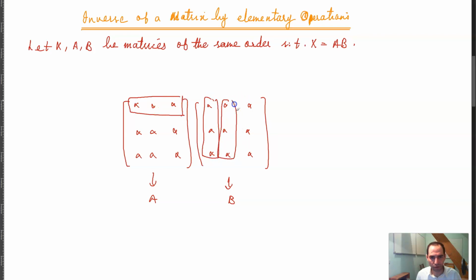Again, the same row, another column, and so on. This would be step 1, step 2, and step 3.